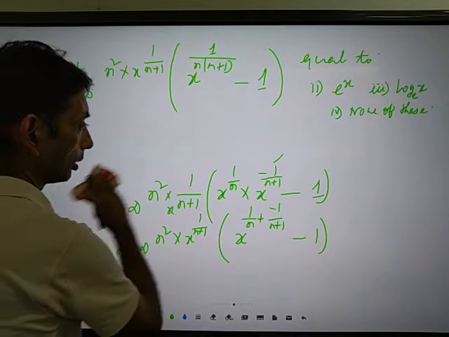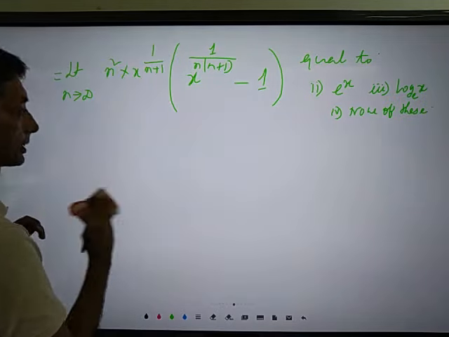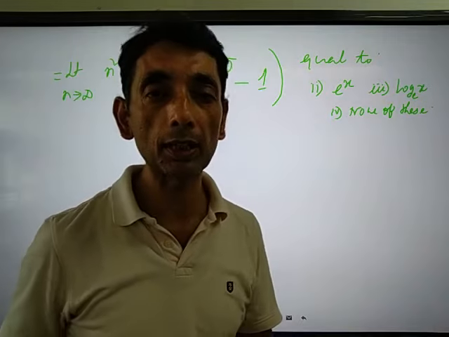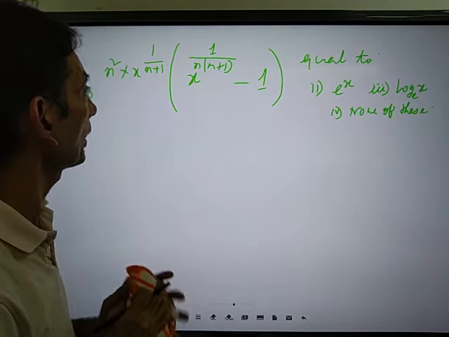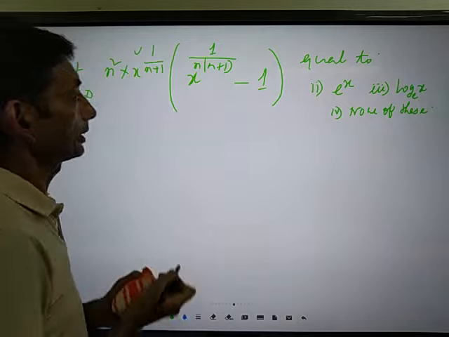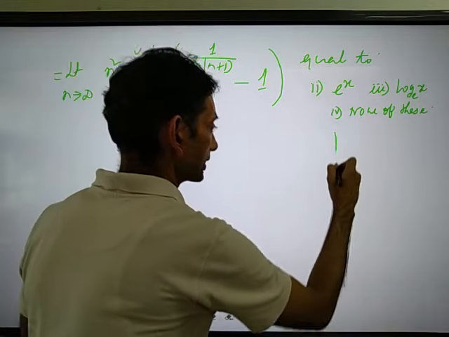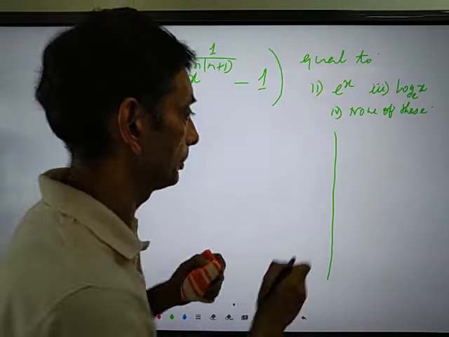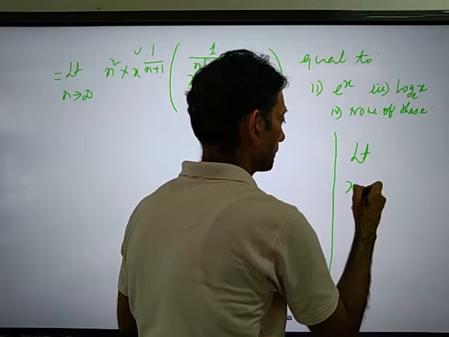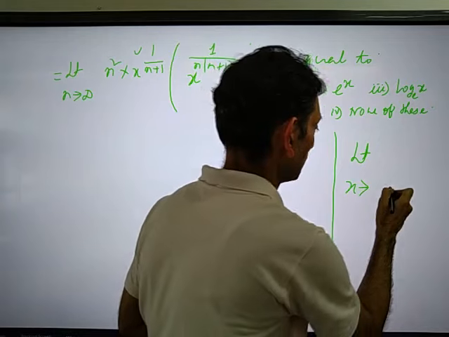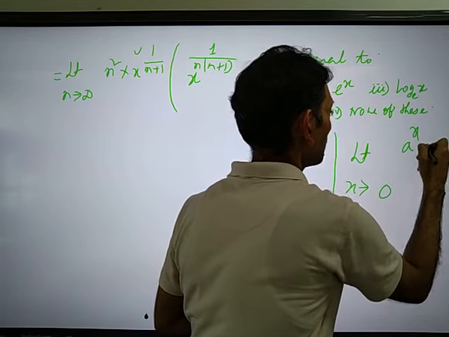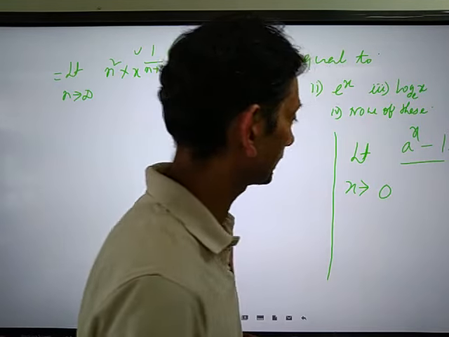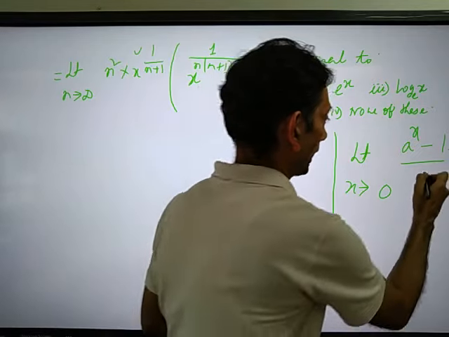Now let's move to the next steps. Maybe you now have the idea of why we have taken this term common. At the same time, I'll write one important limit, explained in the previous classes. We have one important rule in limits: limit x tends to 0, a to the power x minus 1 by x.